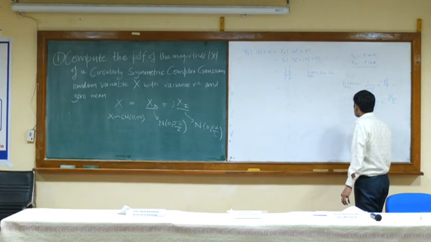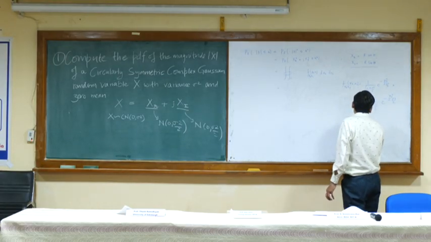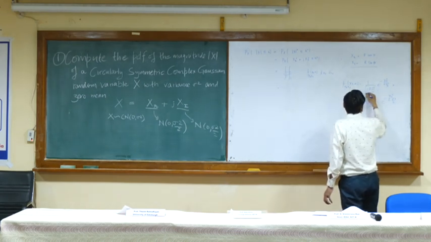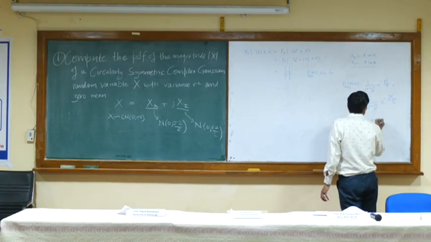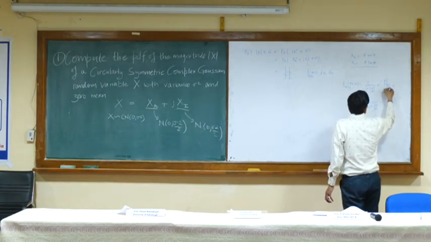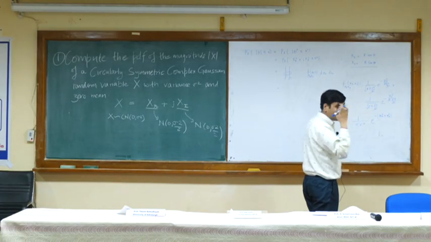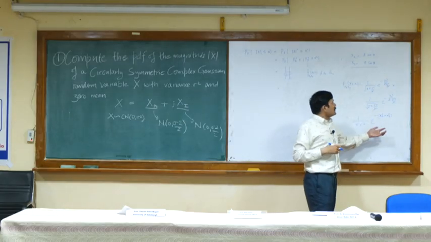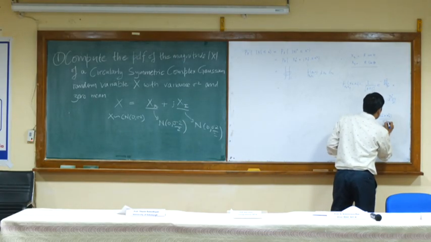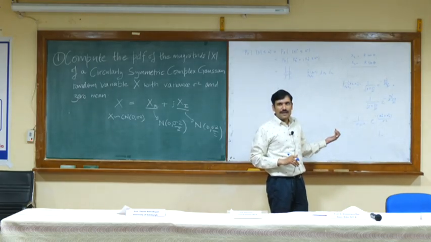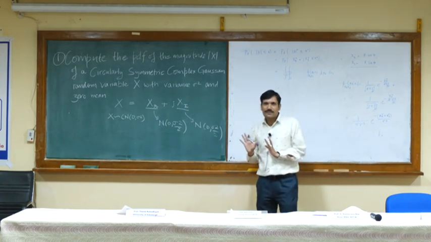This is okay? I can simplify it further. It will be 1 over pi sigma square, this and this cancel out, and this becomes square, into e to the power minus, 2 and 2 cancel out here, xr square plus xi square divided by sigma square. This is okay? Everybody knows the formula for the Gaussian distribution, right?